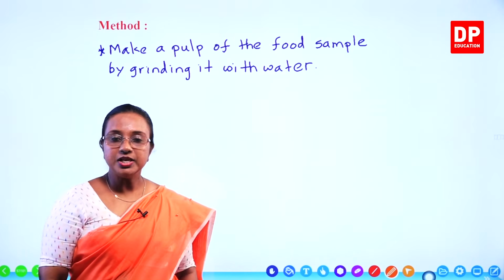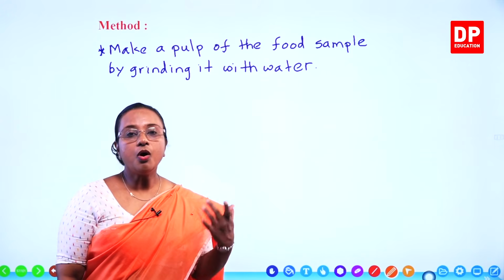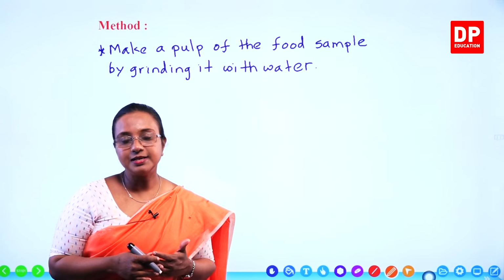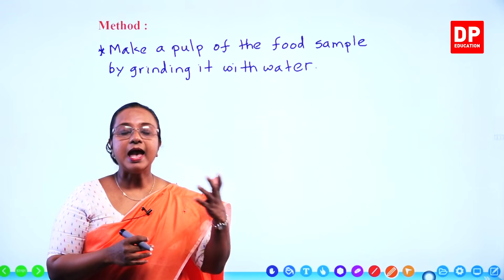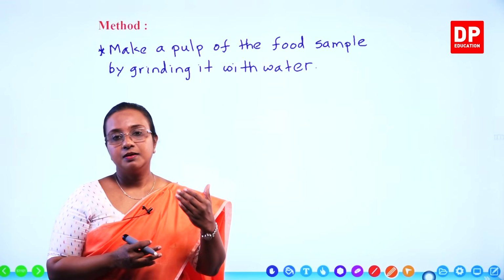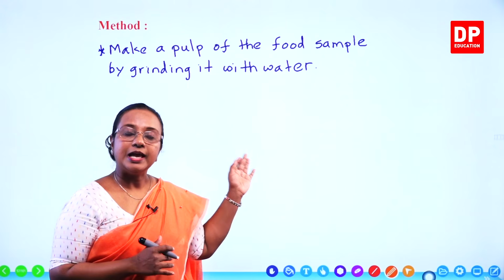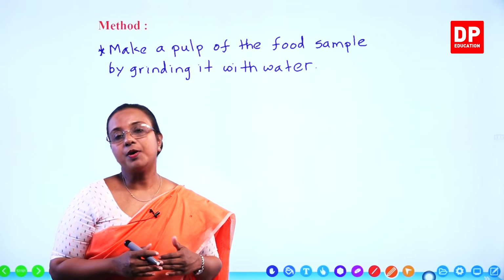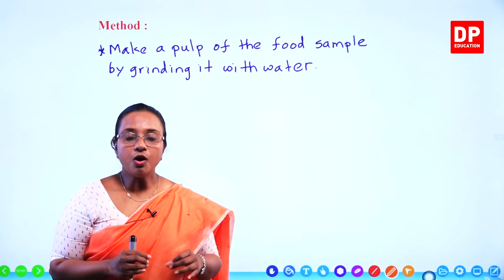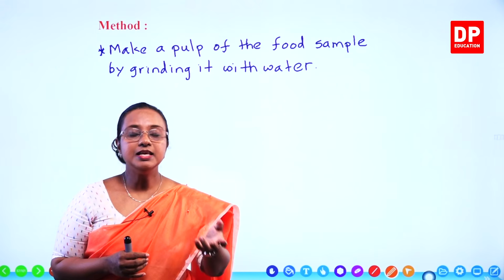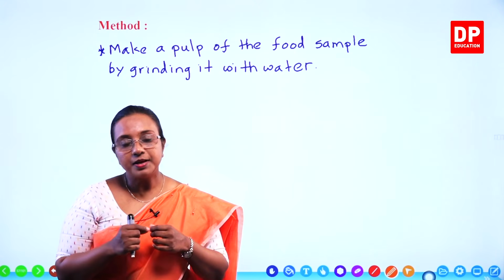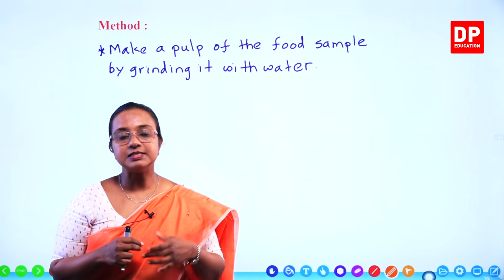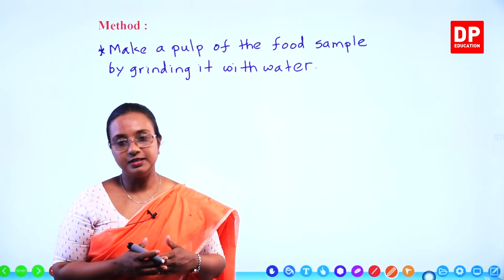We can use it as a pulp, or else if it is a plant leaf, we can just tear it into smaller pieces and heat those pieces. So we can either use the pulp of the food sample, or if we are using leaves of plants from the garden, we can just tear it into small pieces and heat the leaf.